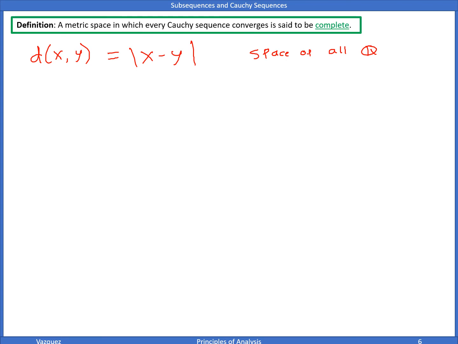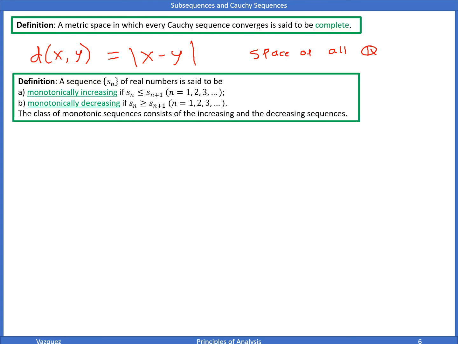Okay, one last thing we're going to see are monotonic functions. So a sequence S sub n of real numbers is said to be monotonically increasing if S sub n is less than or equal to the next term, S sub n plus 1. Wait, what did I say? Monotonic sequences, right? That's what we're talking about.